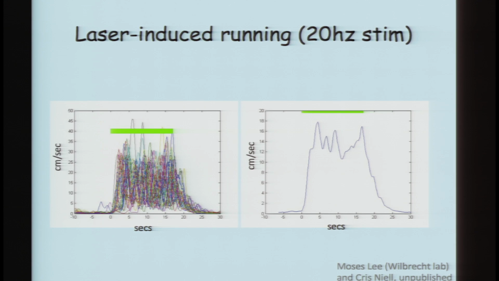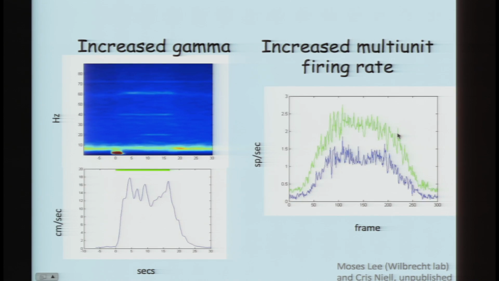So if you stimulate with a laser at high rates, you reliably induce locomotion. But if you stimulate with the laser at lower rates, then you reliably induce an increased response of the neurons, and you induce this gamma oscillation.